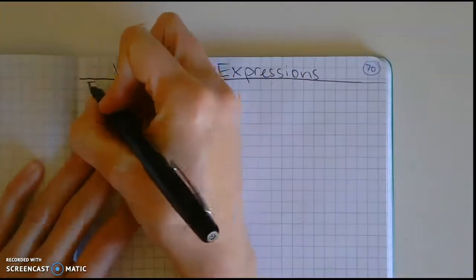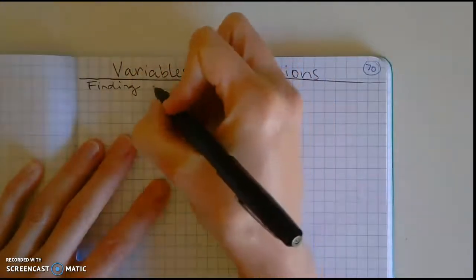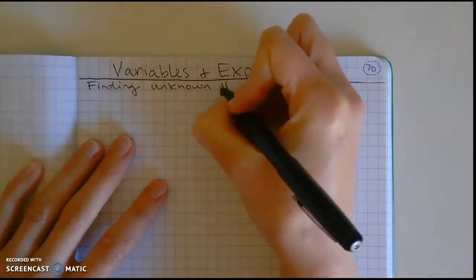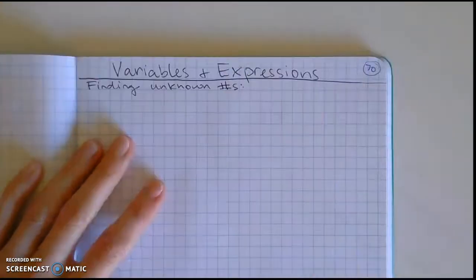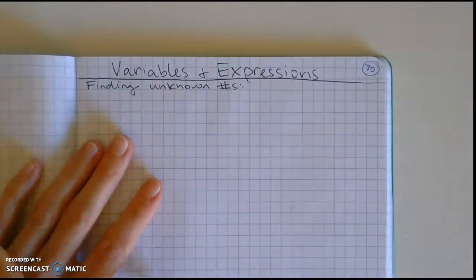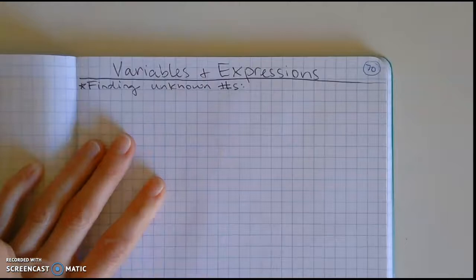So first off, let's talk about finding unknown numbers. Okay, so an unknown number is basically what a variable is, and we kind of defined that already, but we're going to come back to it, okay?